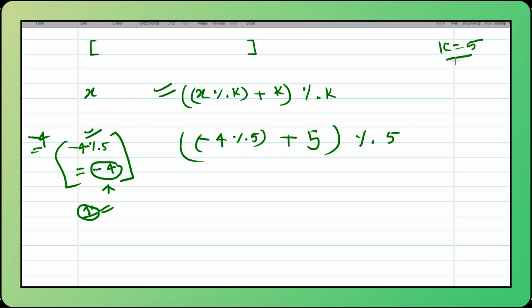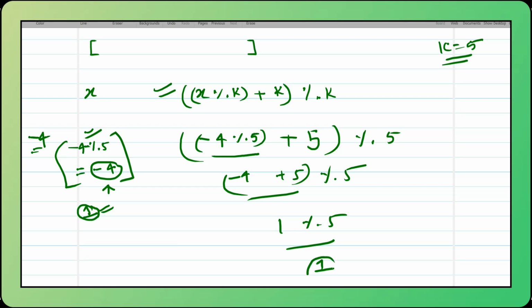I am continuing with the previous lecture only, where I used k as 5 for one input k, so I am continuing with the same. As per this, minus 4 mod 5 returns minus 4, and plus 5 gives 1. 1 mod 5 returns 1. So this is the valid output.